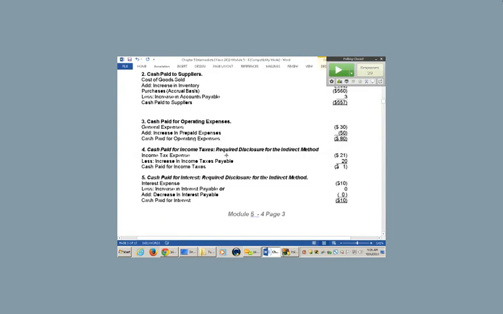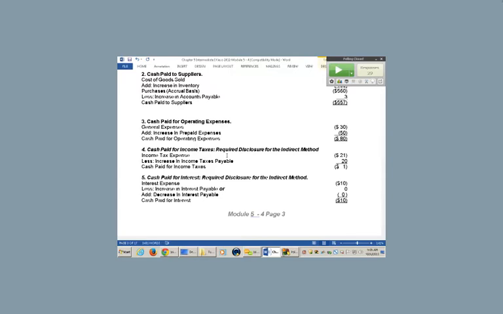Now we've got cash paid to operating expenses. On the income statement, you'll find general expenses of 30, but your prepaid expenses went up. If prepaid expenses go up, it increases the cash outflow because remember, you debit prepaid expense, you credit cash. That's an asset on the balance sheet, but for cash flow purposes, it's what? An expenditure.